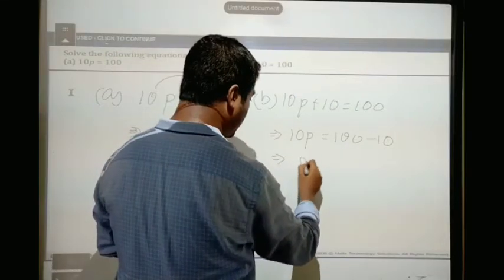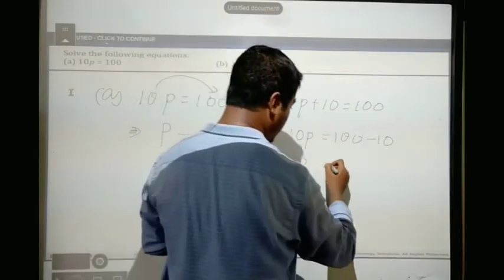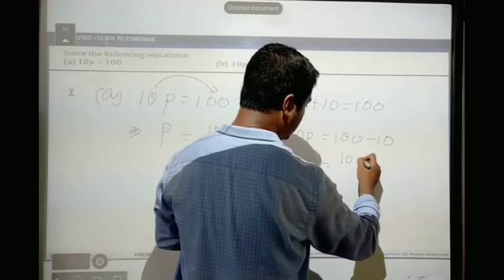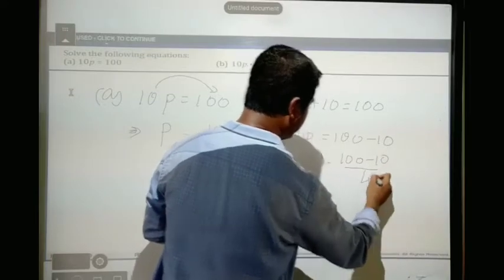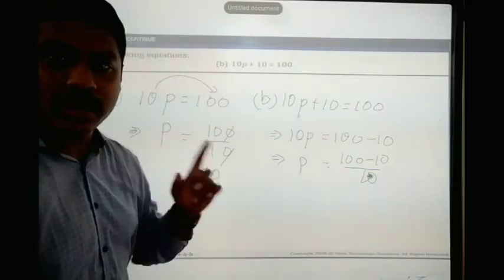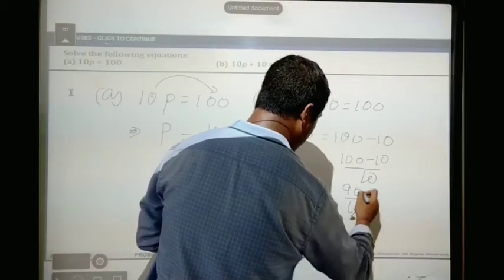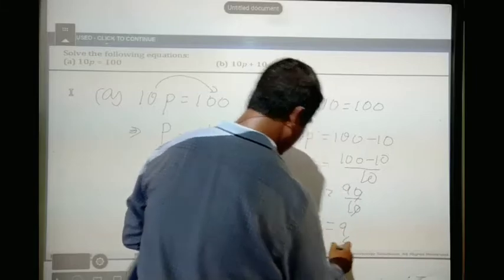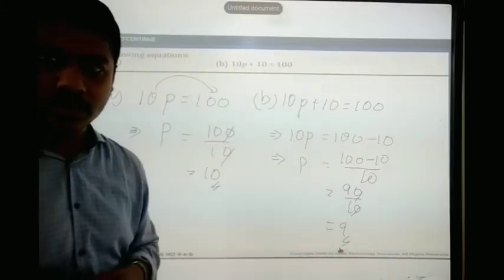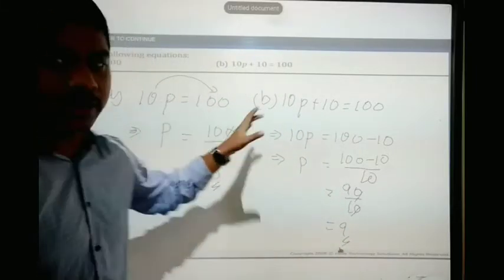So p, since 10 is multiplied, put on the right hand side, 100 minus 10 divided by 10. So 100 minus 10 is what? 90 by 10. So 0, 0 get cancelled. So your answer will be equal to 9. Okay, so this is our question A and question B.